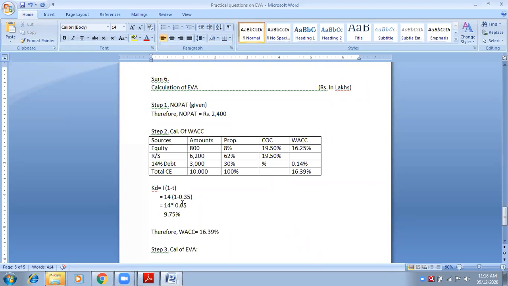So 14 into 0.65, the answer will be... 13.35 percent.